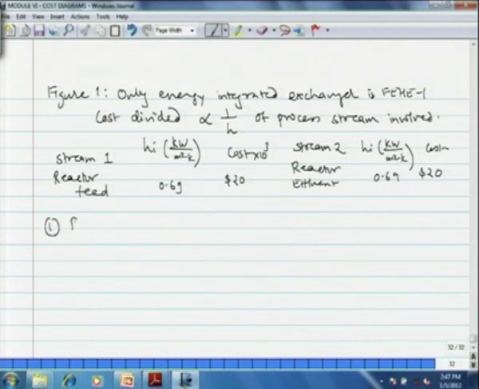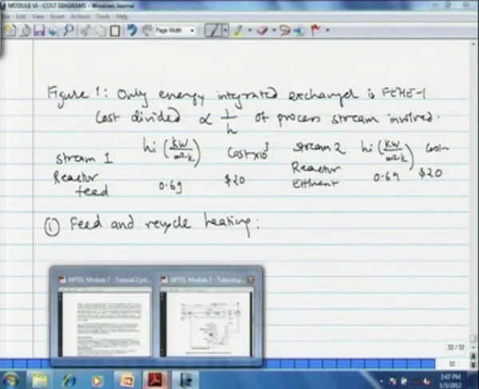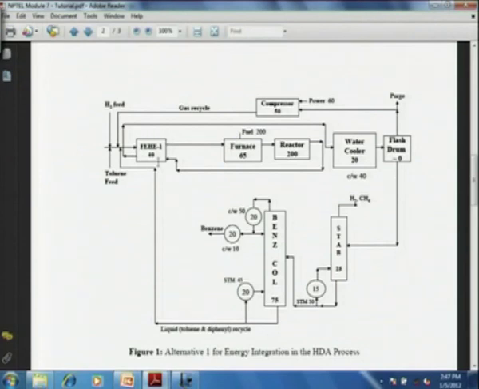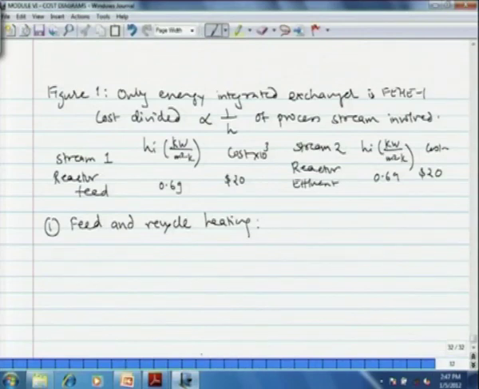First, the feed and recycle heating. Now feed recycle heating takes place through FeHe1 and the furnace. So those two things we add. The furnace cost 65 plus 200, fixed cost and operating cost, plus the portion of FeHe, and the total cost is thus 285.